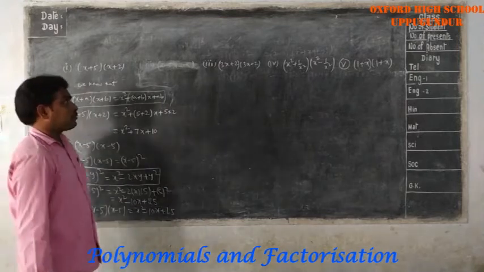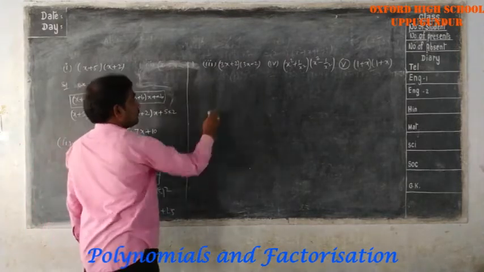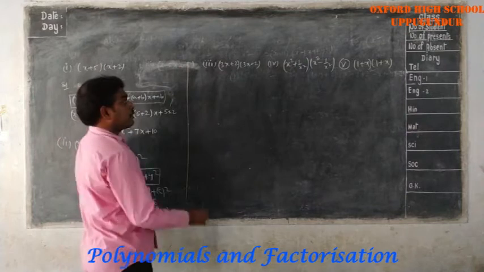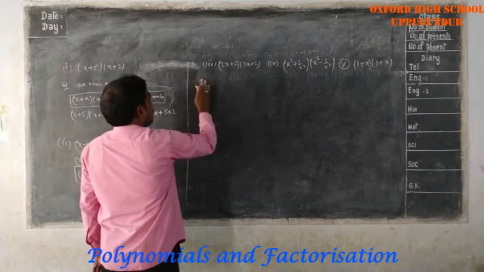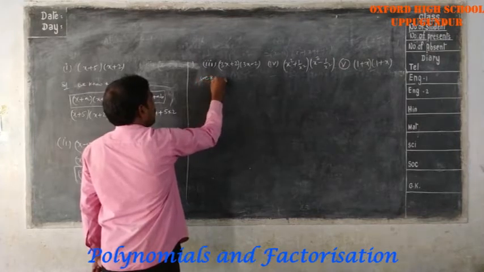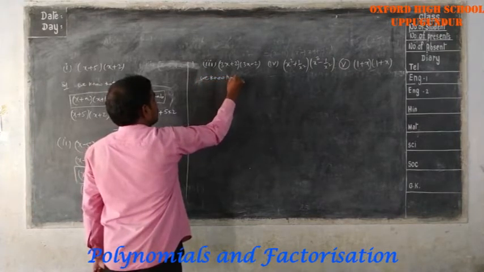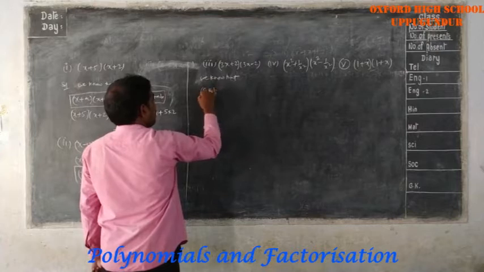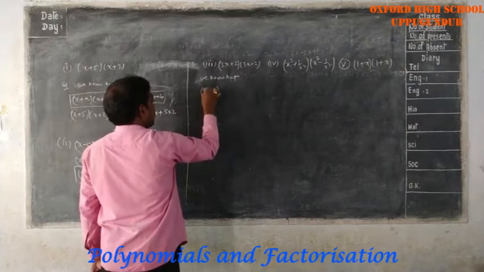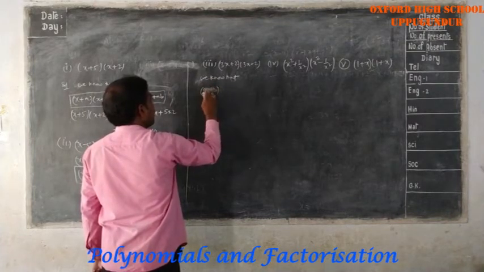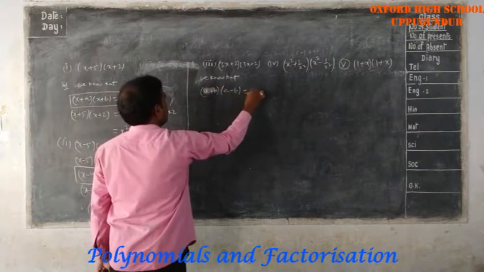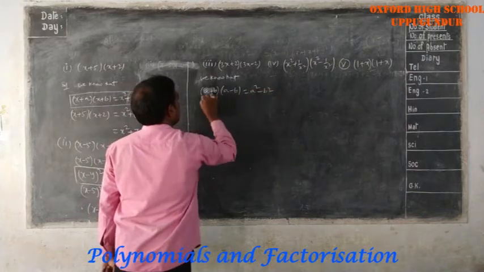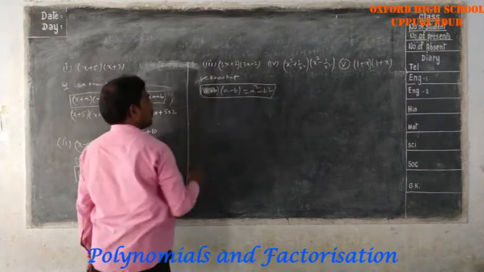Next, third one, (3x plus 2) of (3x minus 2). We know that (a plus b) of (a minus b) equal to a square minus b square. This is the identity.